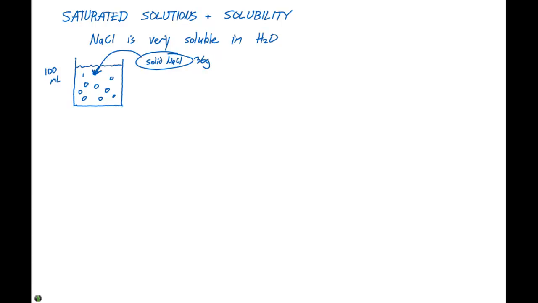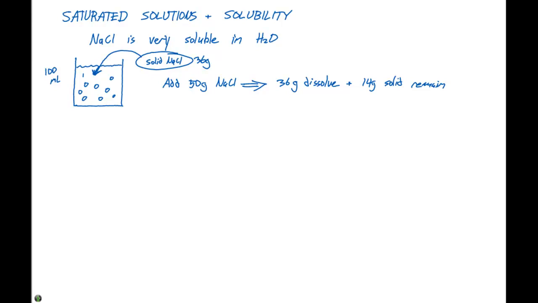What happens? Let's just say in 100 milliliters of water, we add 50 grams of NaCl. 36 grams dissolve, and we're going to have 14 grams of solid remain.